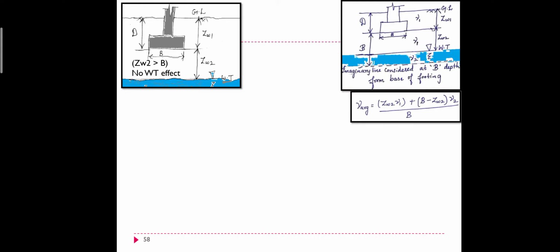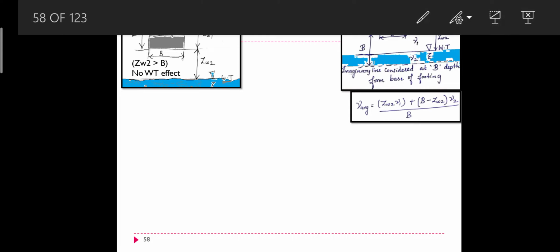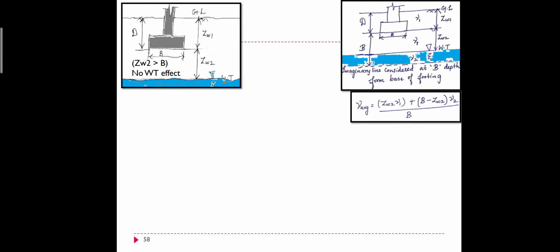How will you find gamma average? Especially in the picture you can see there are two cases below the base of the footing. Below the base of the footing you can encounter two cases, gamma 1, gamma 2. Gamma 1 is dry and gamma 2 is wet.